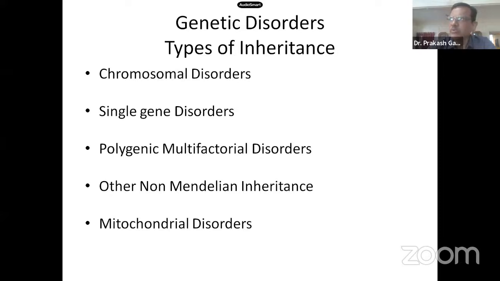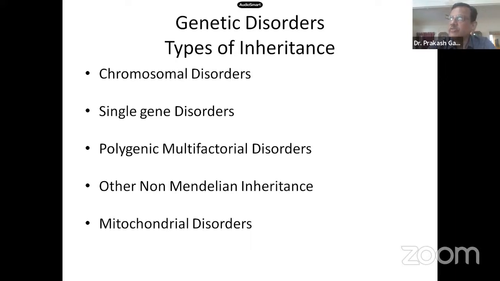Of these, half the set is coming from the mother and half from the father, and there are 25,000 genes. So on each chromosome, there are around 1,000 genes. Whenever you are studying chromosomes, you are not going to the gene level. Gene level diagnosis is required for single gene disorders, where a single gene is affected.